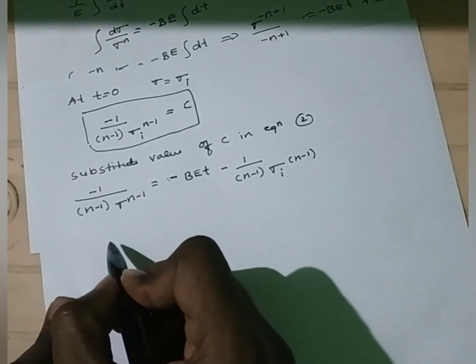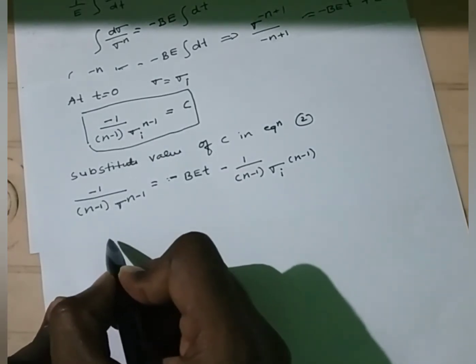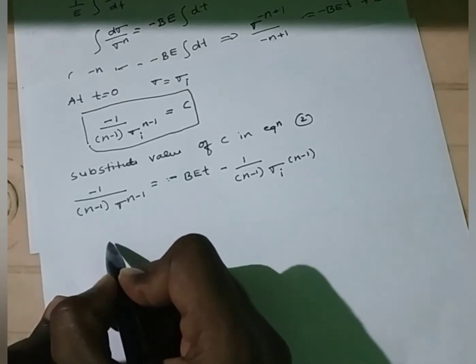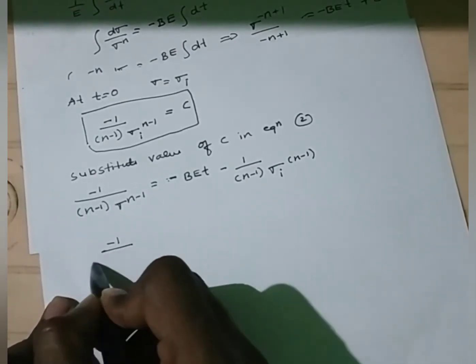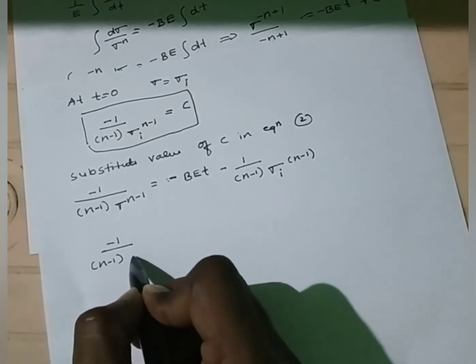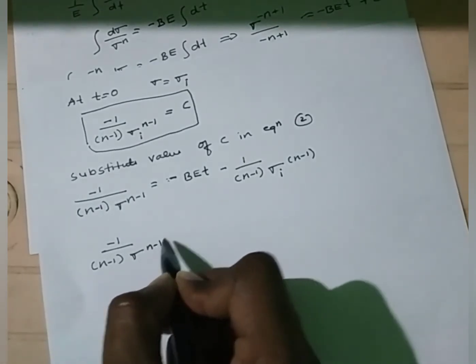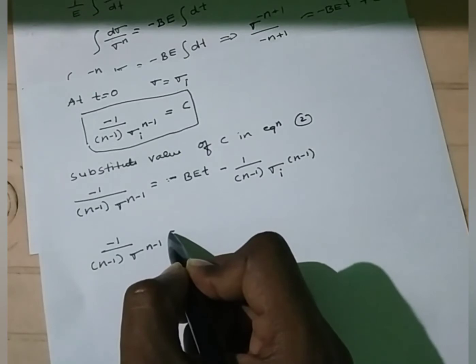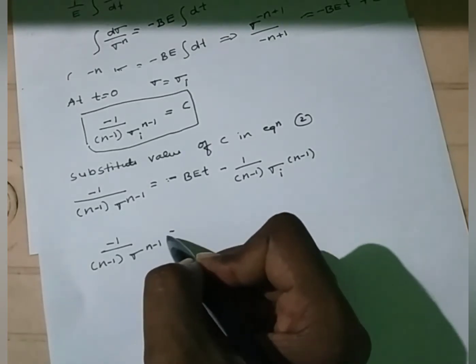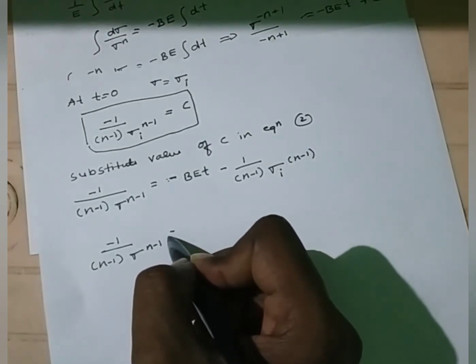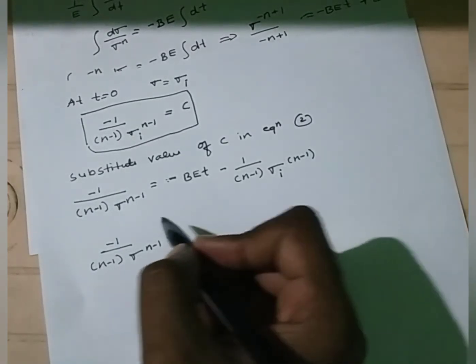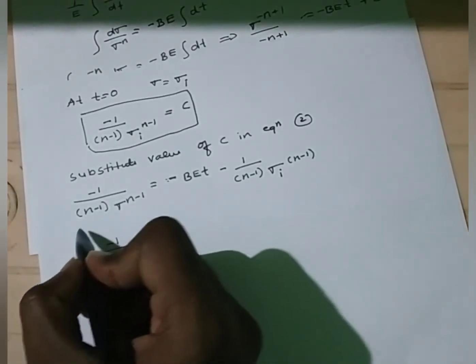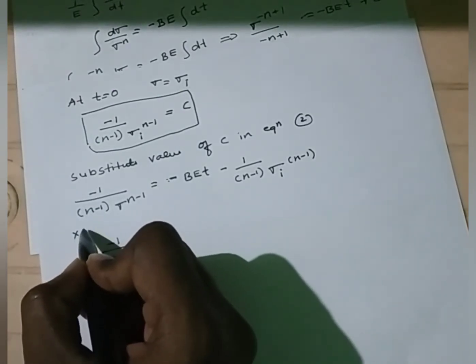Multiply the whole equation by n minus 1.